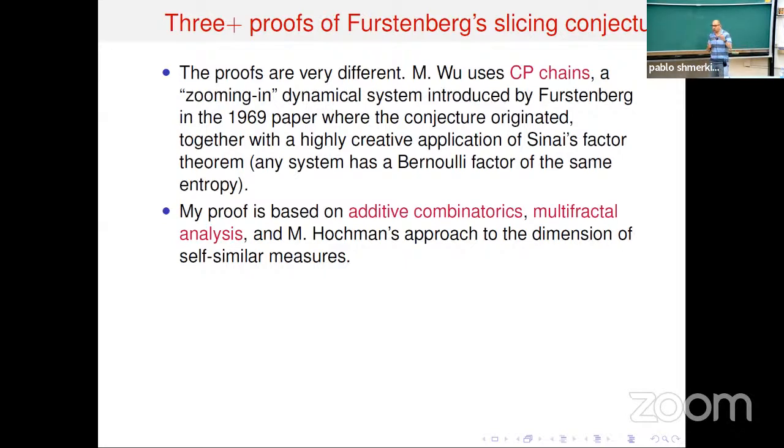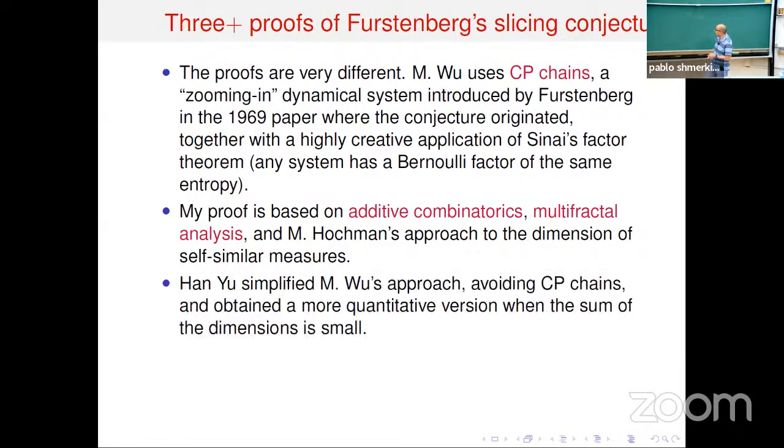And the question is, what happens when q varies? So this is what multifractal refers to. These are fractal measures, and as q varies, the L^q dimension behaves in certain ways. This is the object of study of multifractal analysis. And I was very much inspired by Mike Hochman's work on similar measures, which was the topic of Mike's presentation in the last ICM.